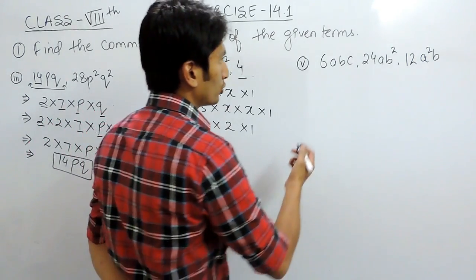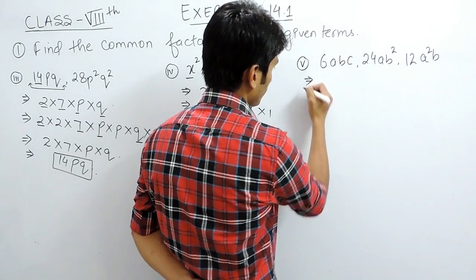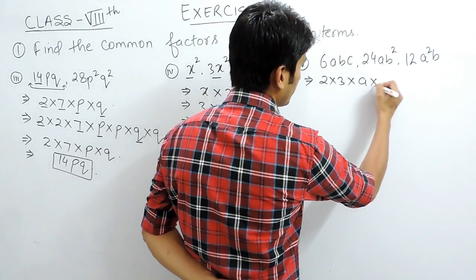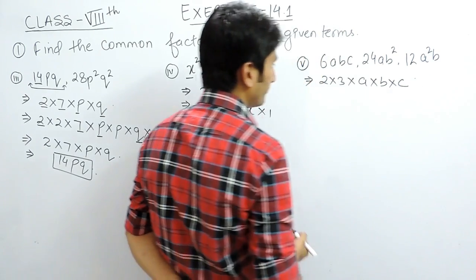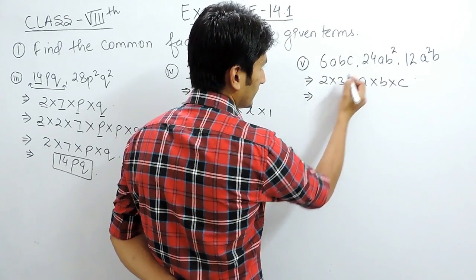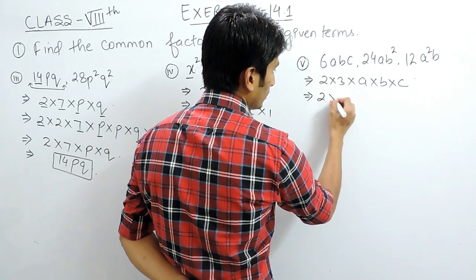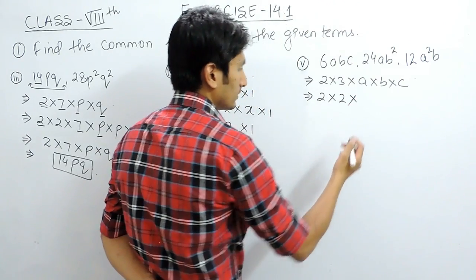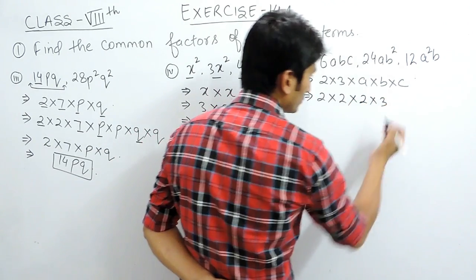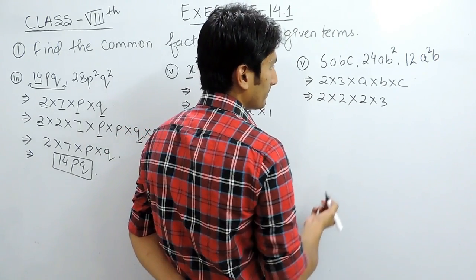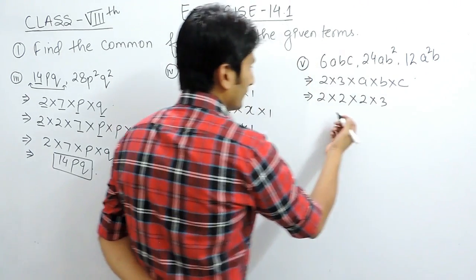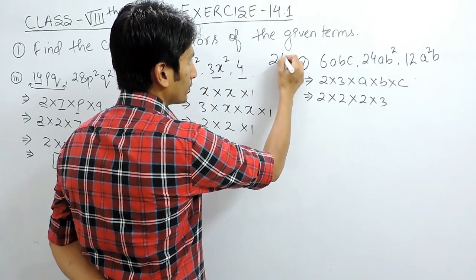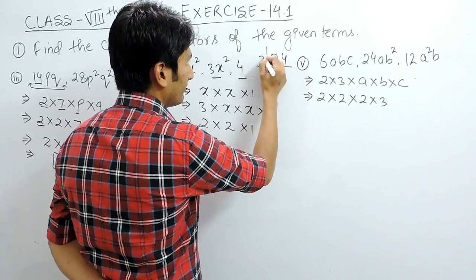Now let's find what should be the common factor here. 6 can be written as 2 multiplied by 3 multiplied by a multiplied by b multiplied by c. This is the first term. Second term, 24 can be written as 2 multiplied by 2, 4, into 2, into 3. If you are not able to write it directly, you can find the factors of 24 by dividing by 2.